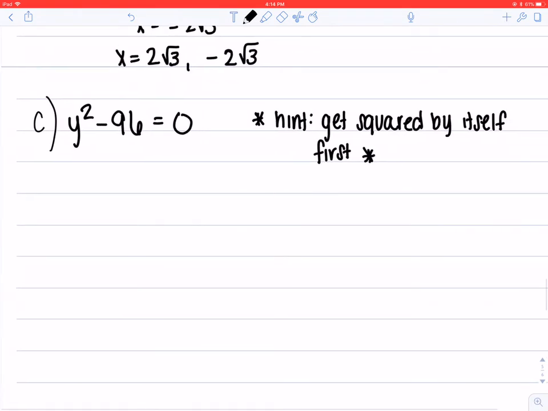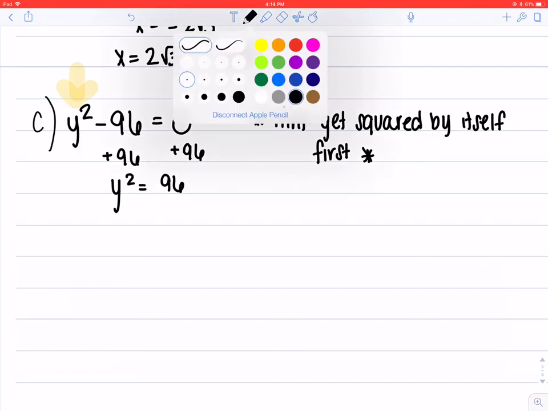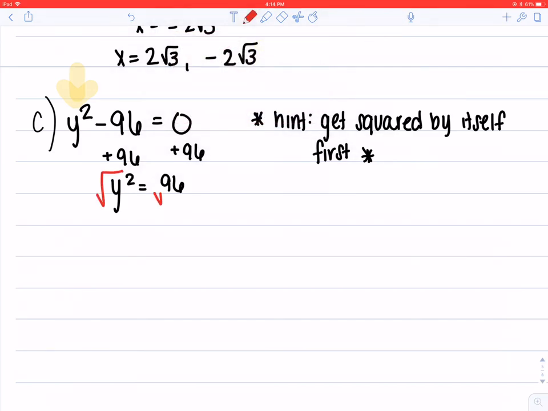Last one, need to get the squared by itself. So here's my squared. To get that thing by itself, I'm going to undo negative 96, or minus 96. So I'm going to add 96 to both sides and get y squared equals 96. Now that I've got y squared by itself, I can square root both sides.